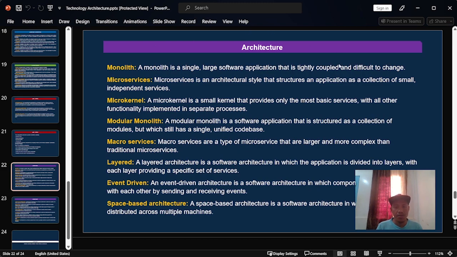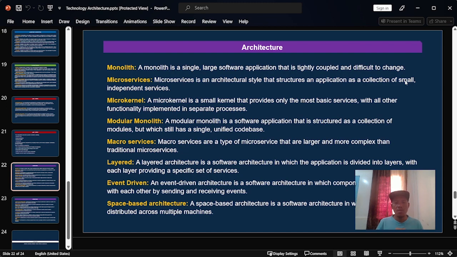Under architecture. So, a monolith is a single large software application that is tightly coupled and difficult to change. So, microservice is the architecture style that structures an application as a collection of small and independent systems. Then microkernel.